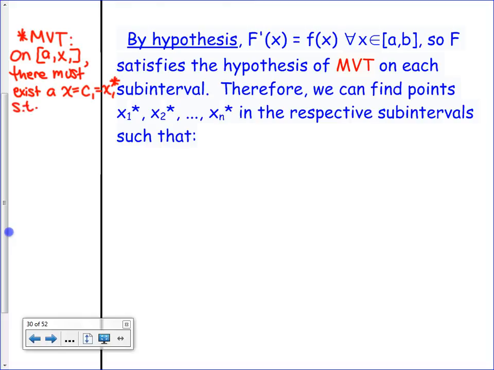Mean value theorem, average value of a derivative: the average rate equals the instantaneous rate. The average rate, what's my subinterval? A to x sub 1.